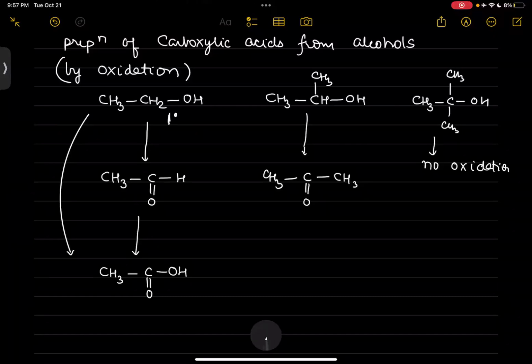Sodium hydroxide. Sodium hydroxide is used for hydrolysis. Some strong oxidizing agents have a lot of oxygen in their formula. That's why they are oxidizing agents. Got it? Is it clear or not?